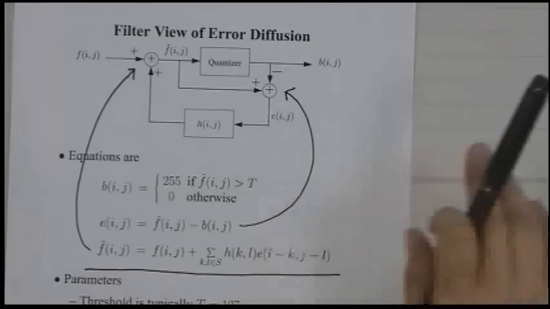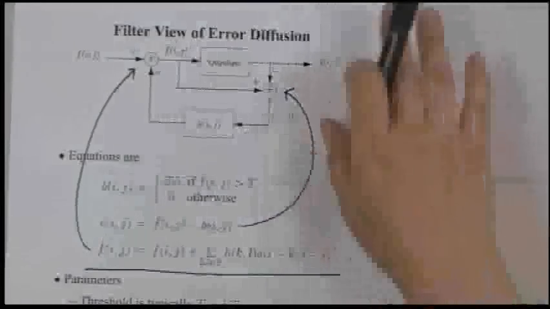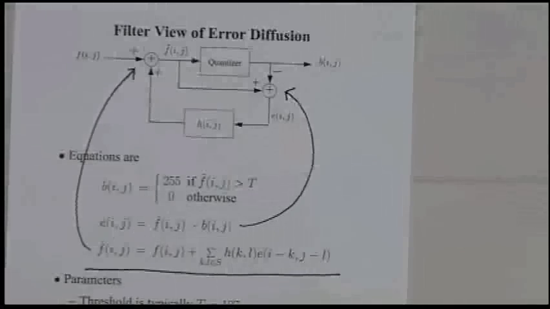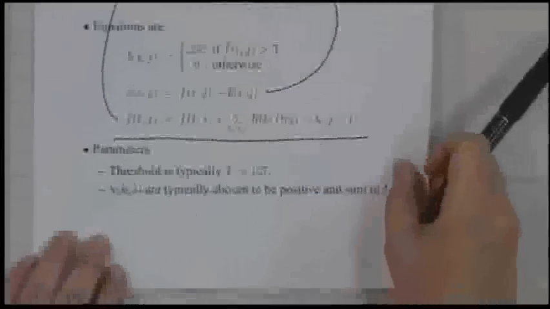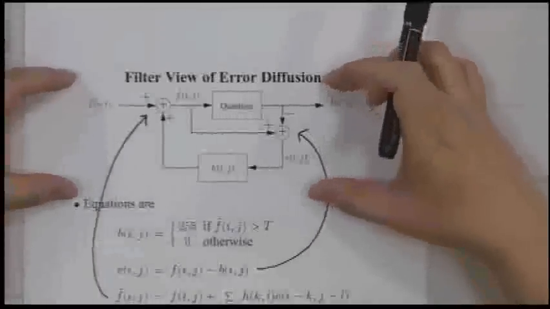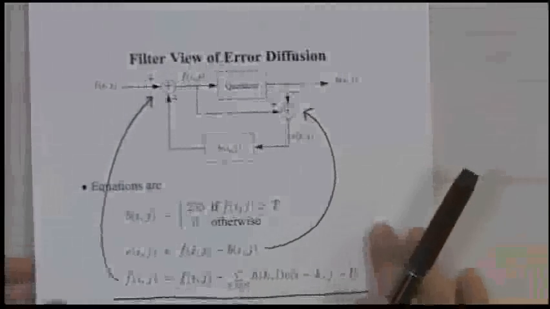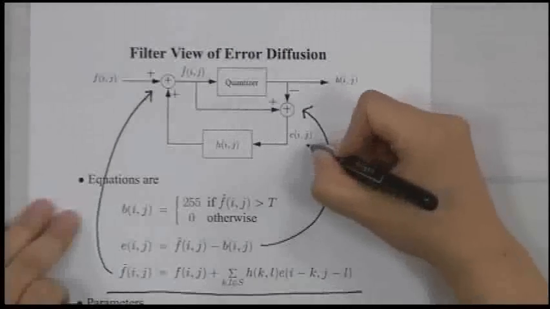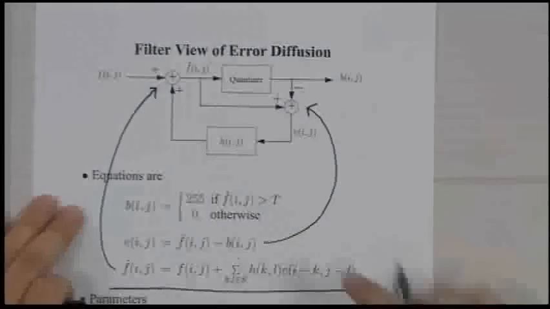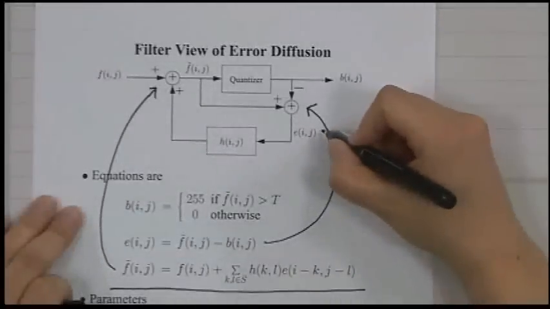Okay, so using this system diagram, by the way, I want to mention, please notice that there are two different errors in this diagram. One is E. This is called the quantization error.